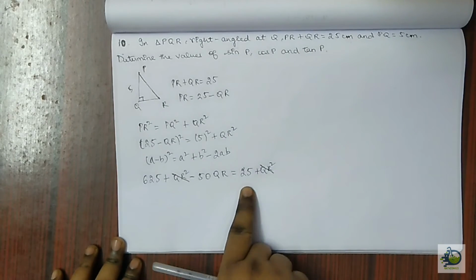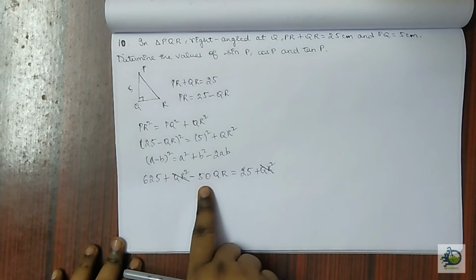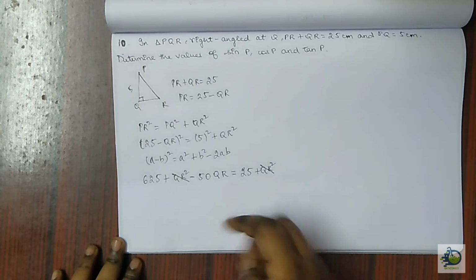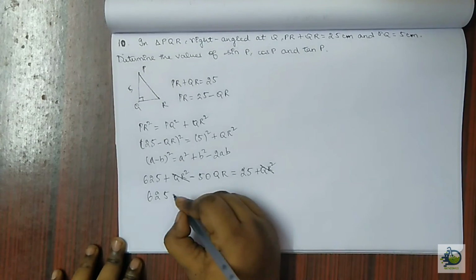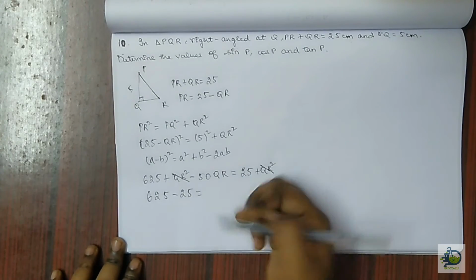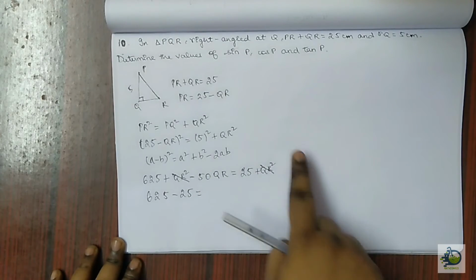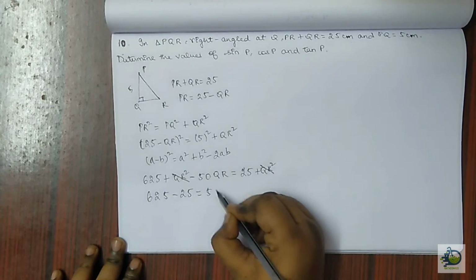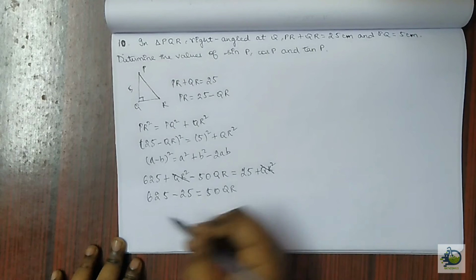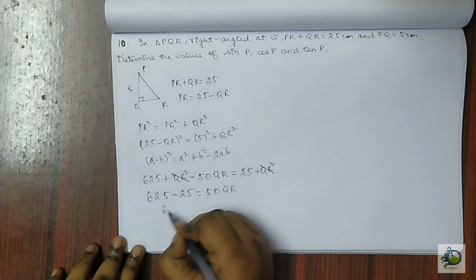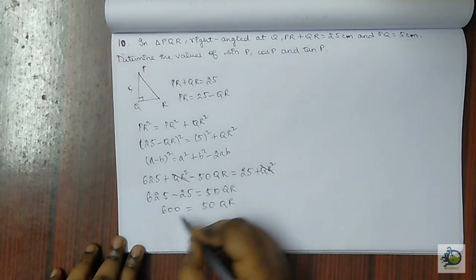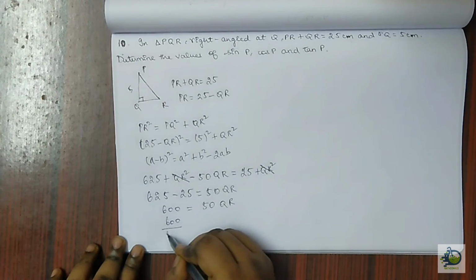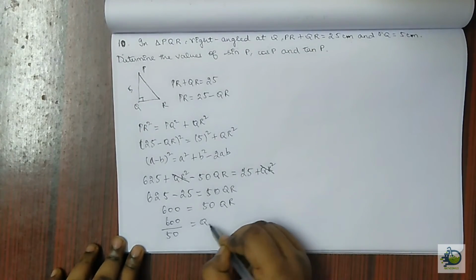Now let me take this 25 to this side and this minus 50 QR to this side. So when the plus 25 moves to this side, it becomes minus 25, and when this minus 50 QR moves to that side, it becomes plus 50 QR. Now 625 minus 25 is 600, which is equal to 50 QR, and 600 divided by 50 will be equal to QR.